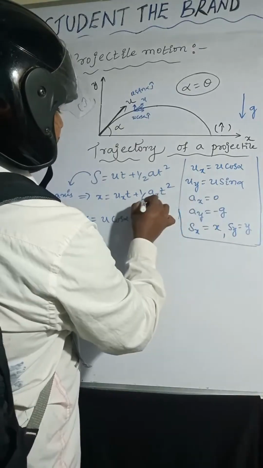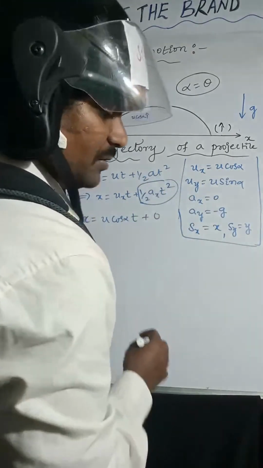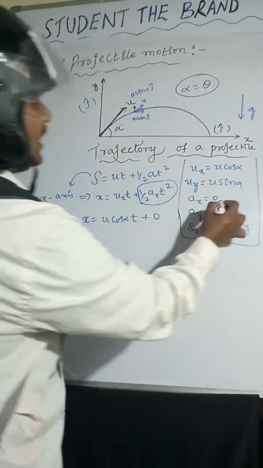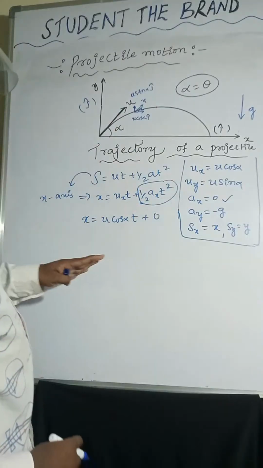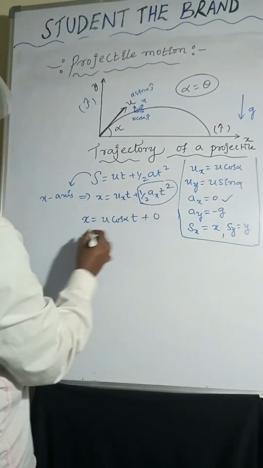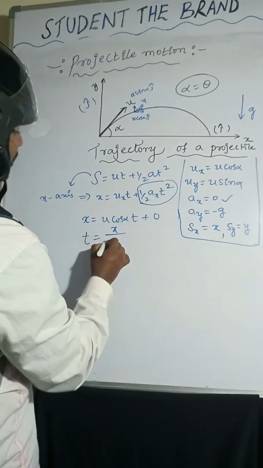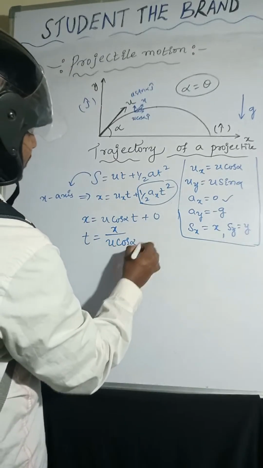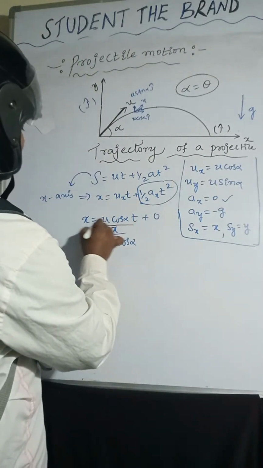Since ax is 0, this entire term becomes 0. Then t equal to x by u cos alpha. So this one you can take as equation 1.